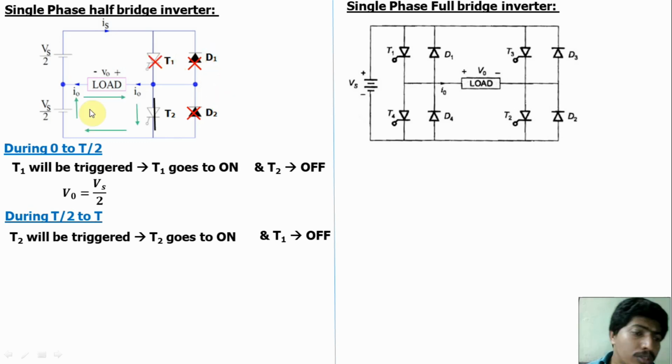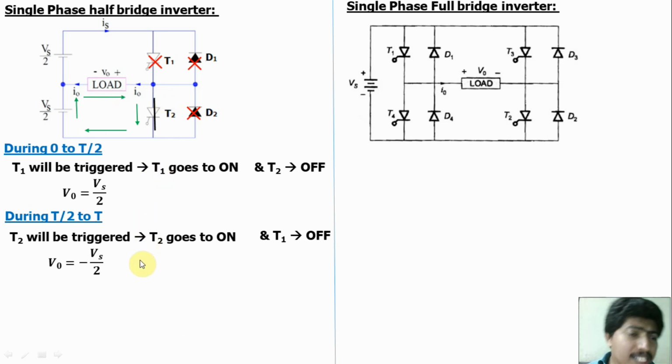Now the current flows from the source to the load, then from the load through T2 back to the source. The current flows from negative to positive in the load side. In the first half cycle, current flows from positive to negative, and in the second half cycle from negative to positive. So V0 is equal to minus Vs by 2. Apply KVL to get these values.